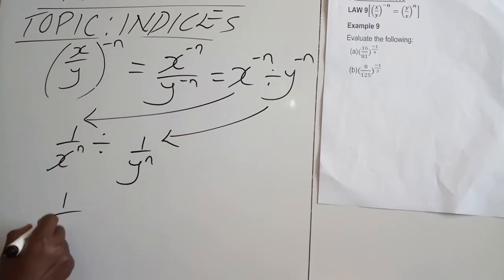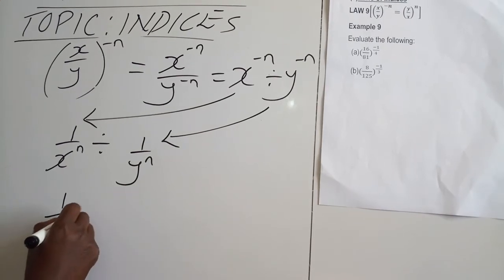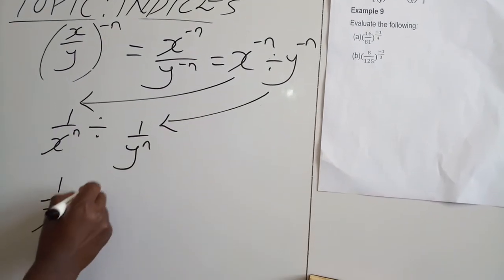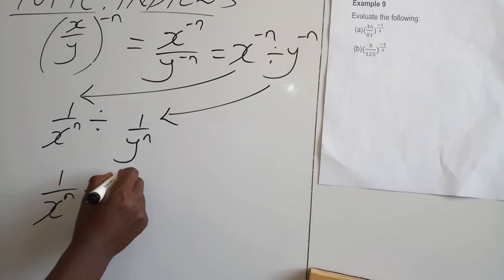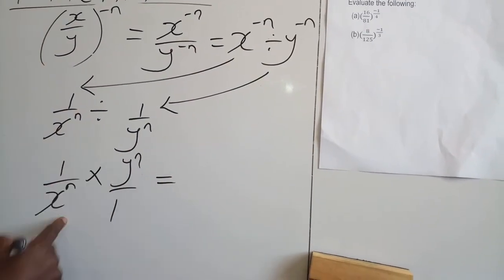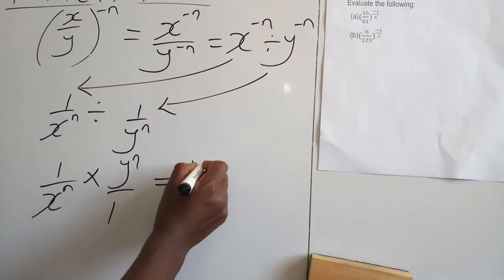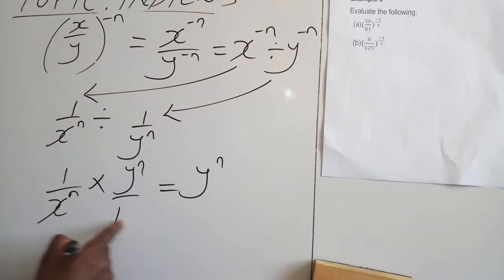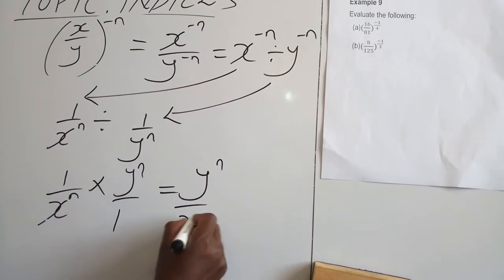Then this changes to multiplication, and I find the reciprocal here. Then in the end I don't have a common factor, so I multiply that by that to give me y power n, and this and this to give me x power n.